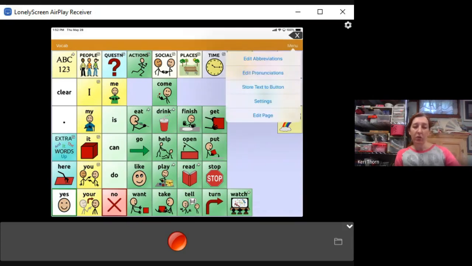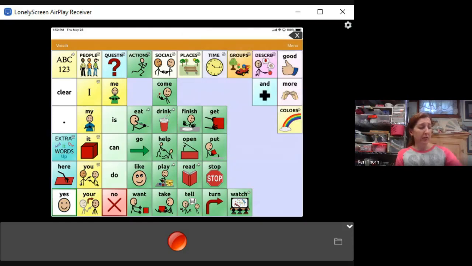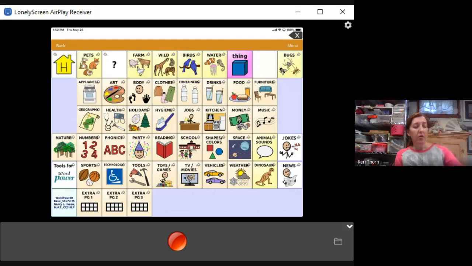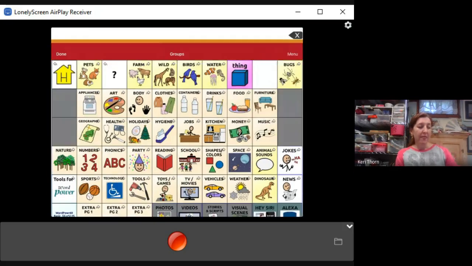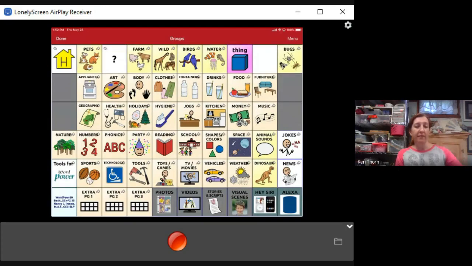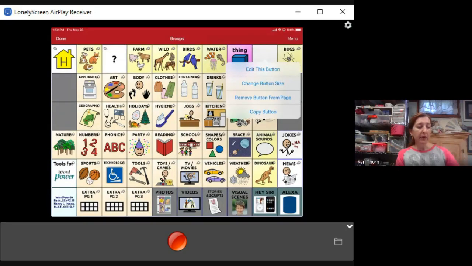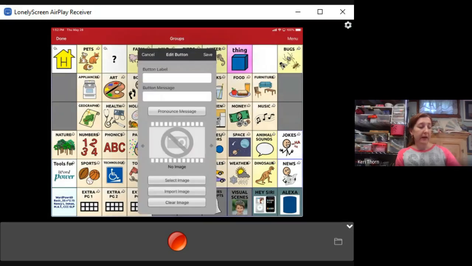But then again, in terms of programming and editing, it is very, very intuitive. So let me just get to a blank button. If I want to edit it, I go to edit. Simple. And then from there, I just have to touch whatever it is that I want to edit and edit the button. And then I'm just going step by step. So what's the label?